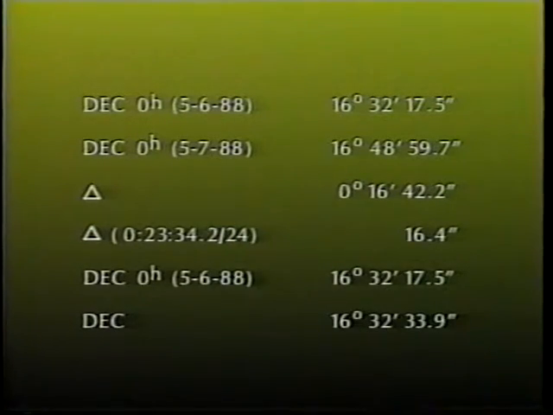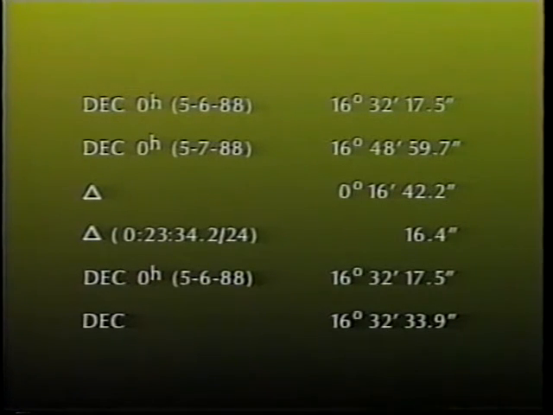Now, let's do the declination. Computing the declination, you're going to find, is a lot similar to what we did when we computed GHA. Different numbers, but generally the same procedure. We take the difference between the declination for 0 hours today, 16:32:17.5, and the declination for 0 hours tomorrow, 16:48:59.7.